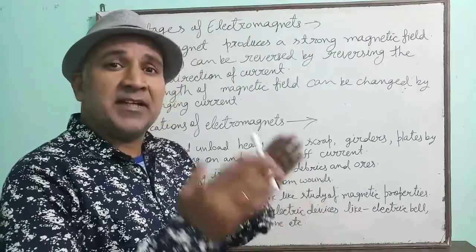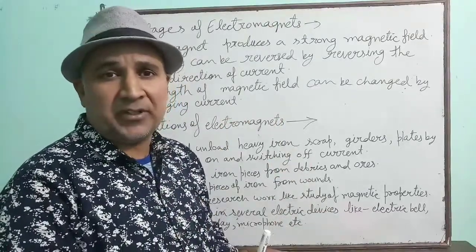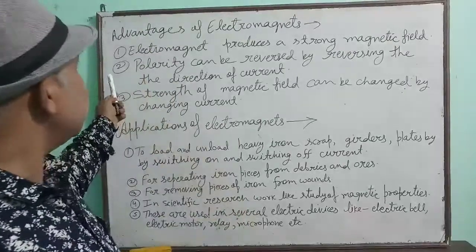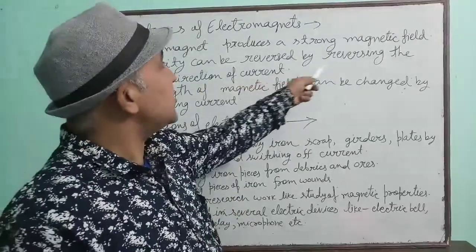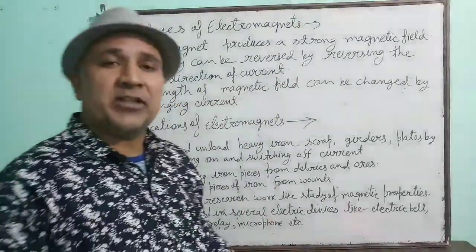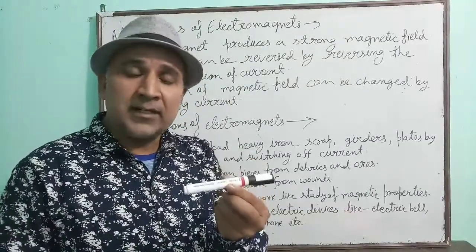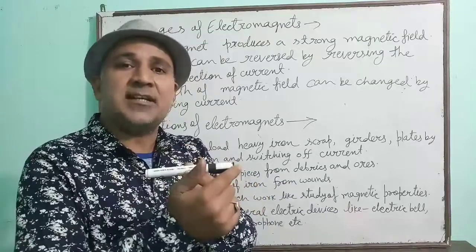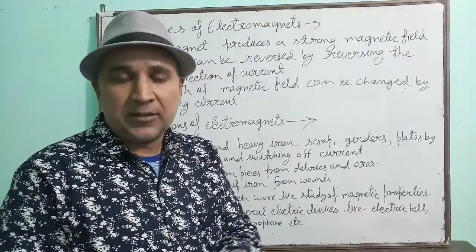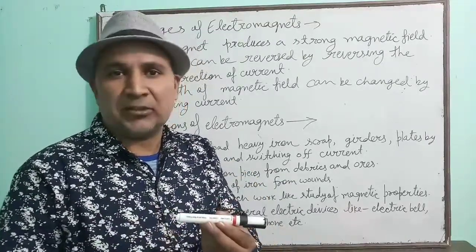Electromagnet produces a very high strong field. Okay. Second one is polarity can be reversed by reversing the direction of current. As we have studied in the bar magnet or electromagnet, the pole can be changed according to our convenience. We only have to change the direction of current.